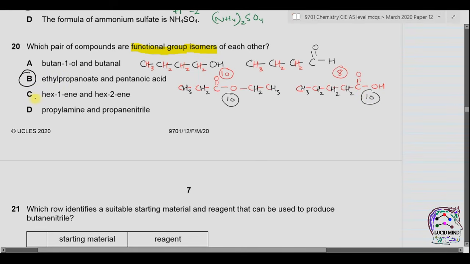Now let's see how part C goes. It says hex-1-ene and hex-2-ene. So hex-1-ene means that the double bond is in between the first and second carbon atom.